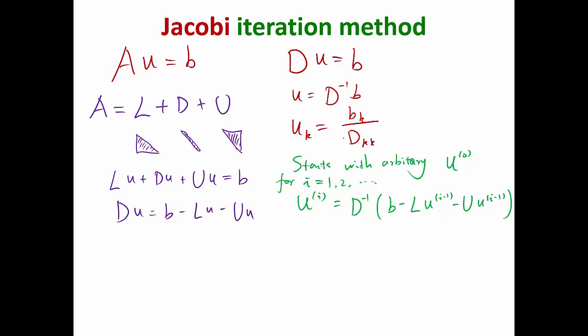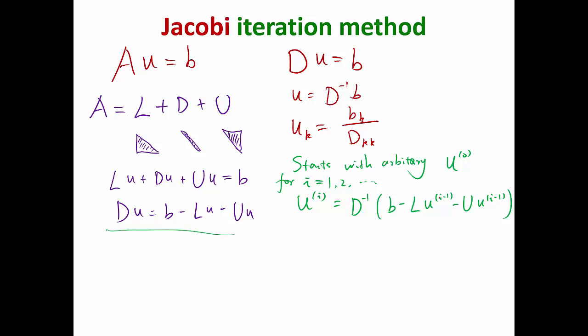Second, if this thing converges, and what do I mean by converge? If the sequence of U superscript i approaches some stationary value as I iterate further and further, if the changes in the consecutive U^i become less and less, and eventually they become almost the same, then I'm getting back to this equation.